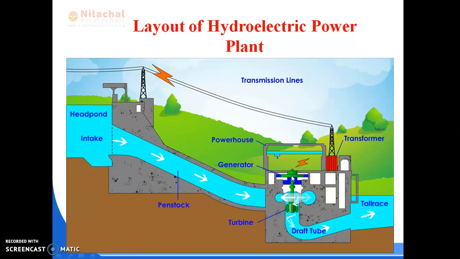By means of the generator unit, we produce electrical power. This symbol shows that electrical energy is obtained from the mechanical energy at the output of the shaft.